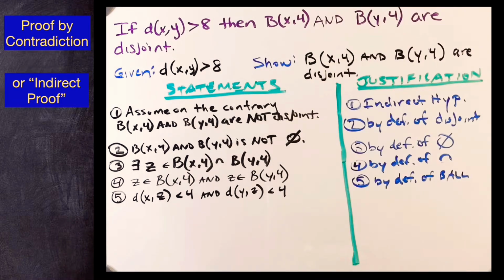Now, because we have inequalities in distance in line 5, we can now use that information to substitute into a highly used formula called the triangular inequality.